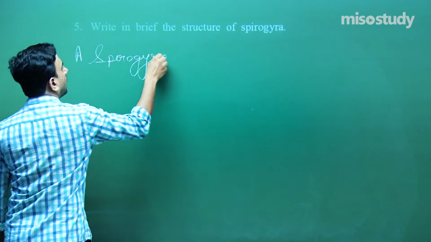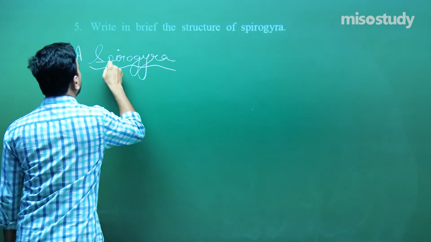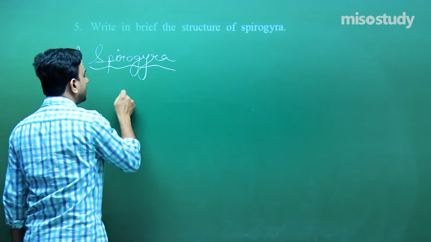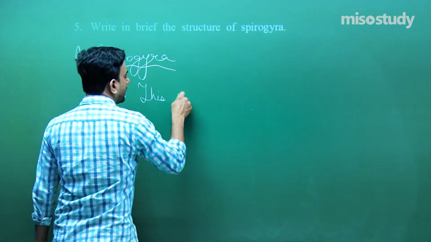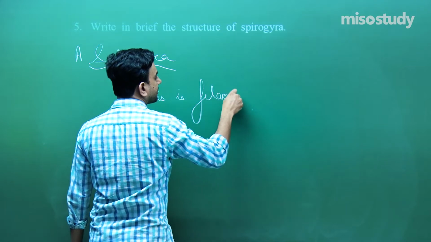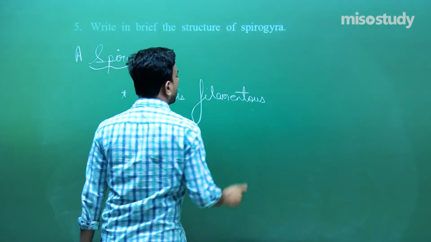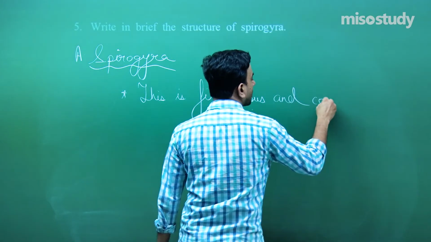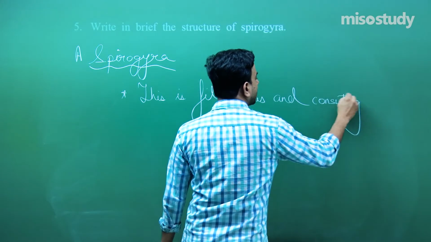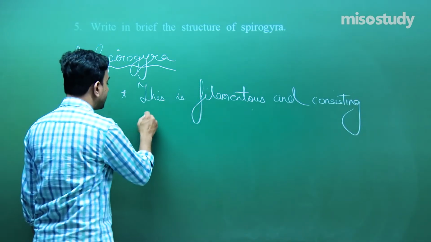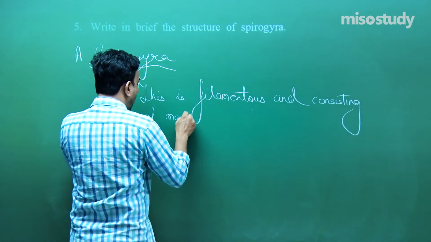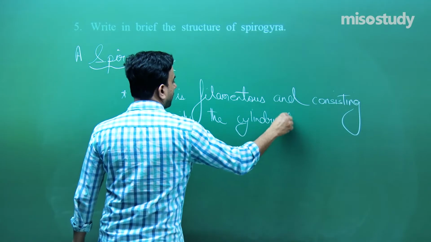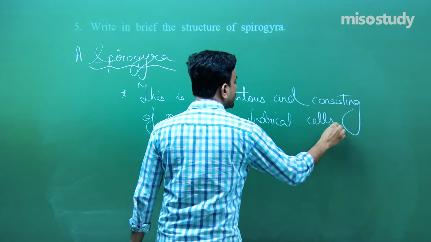Spirogyra. Now, the Spirogyra is filamentous, consisting of mainly cylindrical cells, and may be branched or unbranched both.